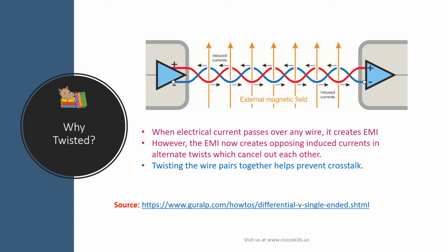For example, this magnetic field creates this induced current and also this induced current, and this magnetic field creates this induced current and this induced current. As you can see, these two induced currents cancel each other out. Therefore, twisting the wire pairs together helps prevent crosstalk.